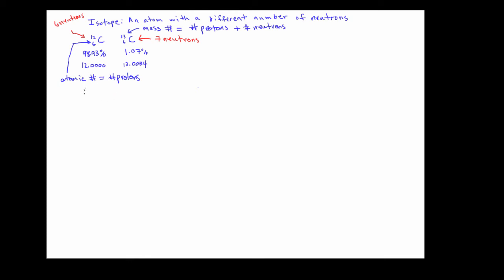So what we're going to do to figure out the atomic mass of carbon is calculate what's called a weighted average. We're going to calculate the average mass by summing together the isotopes and compensating each of those isotopes for their fractional abundance.